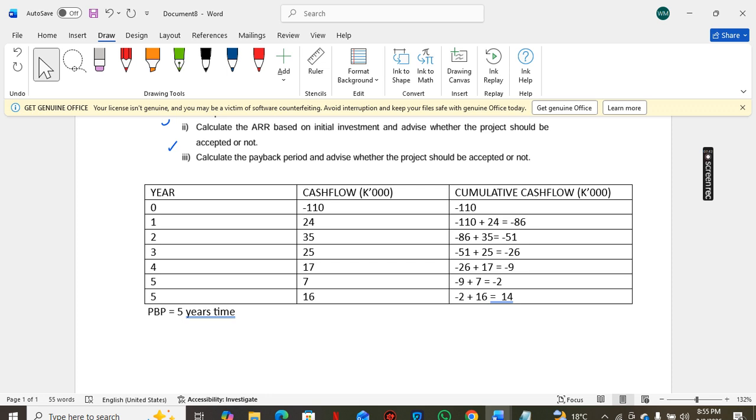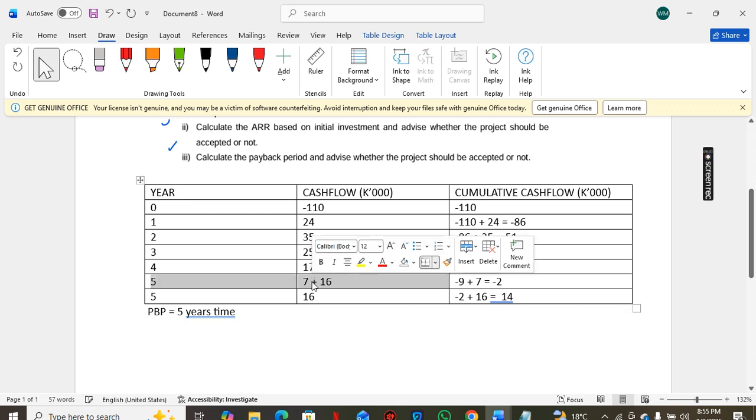So I want to find out why did you add two 5s? The last point, there's also 16. Okay, let me make life easy. We can combine this residual value and the final cash flow.